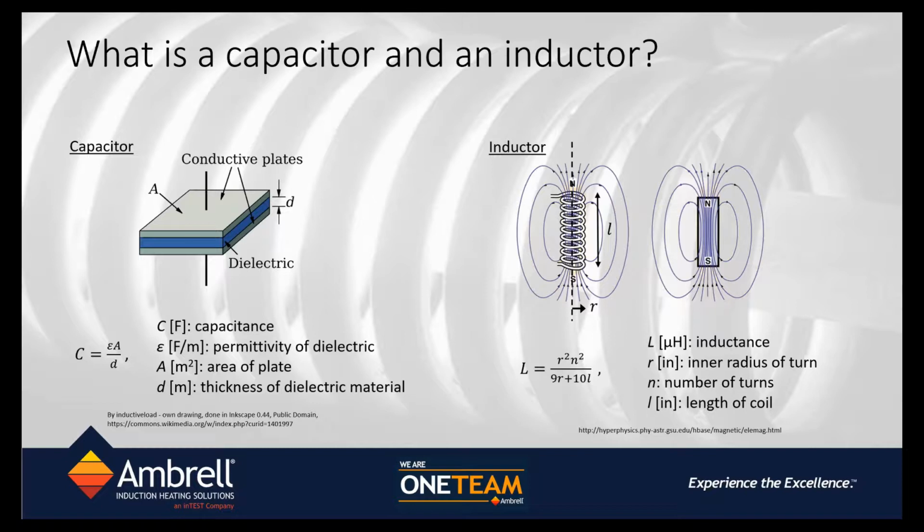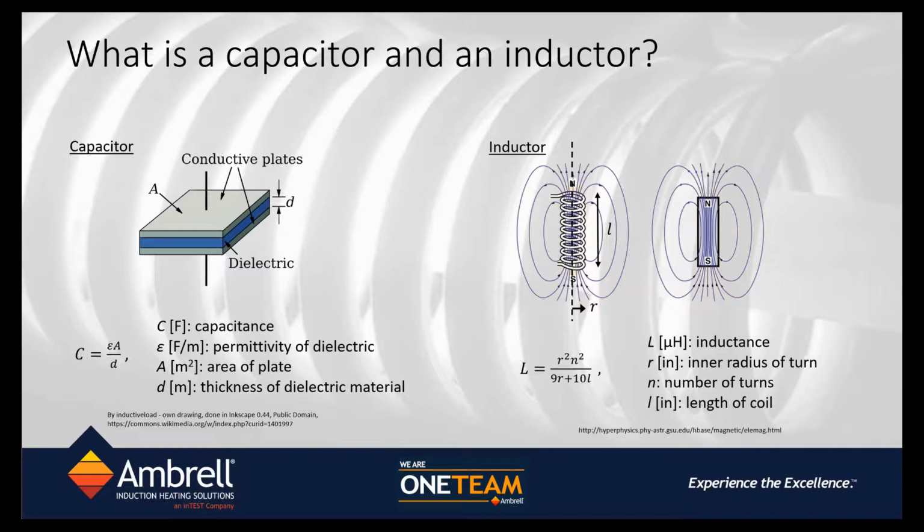The inductor, on the other hand, has a little more complexity to it. It is a function of the radius of the ID of the coil. So the loop that the coil makes is the radius. The length of the coil, which is the overall length of the windings.